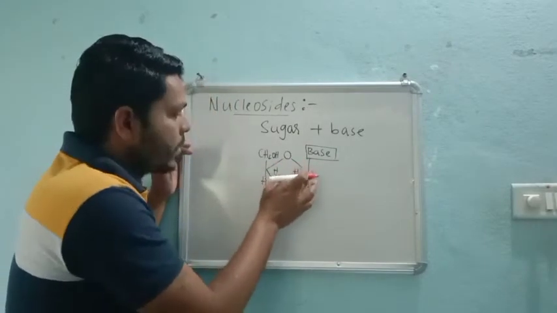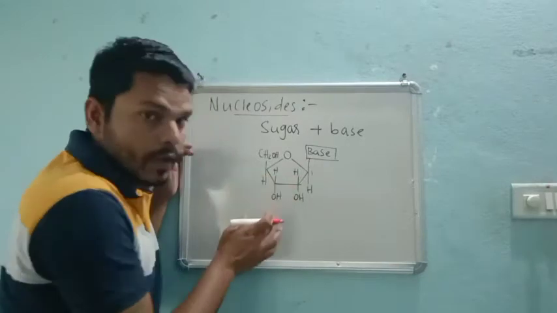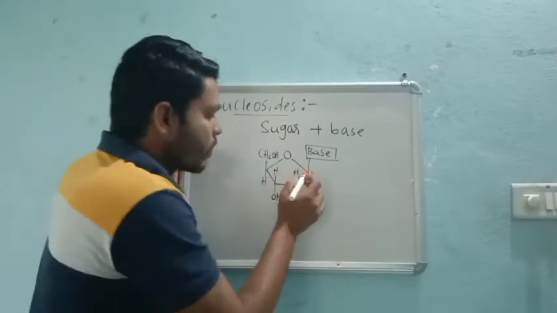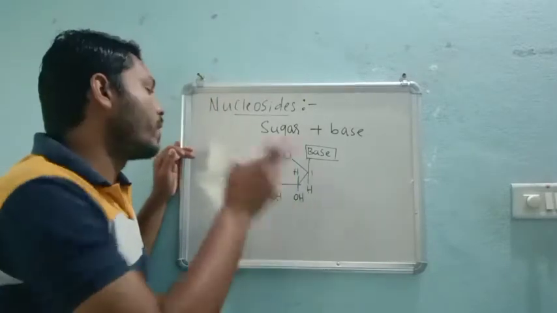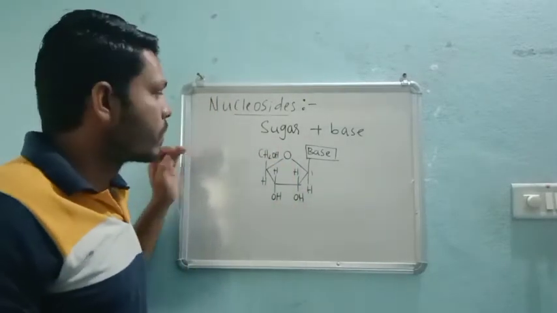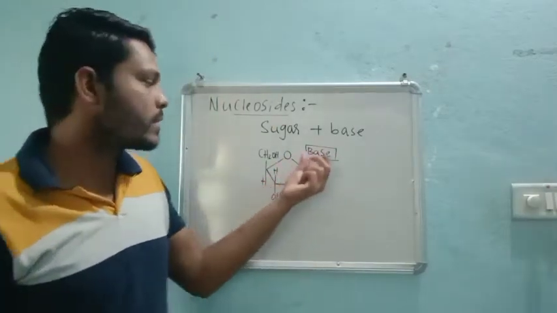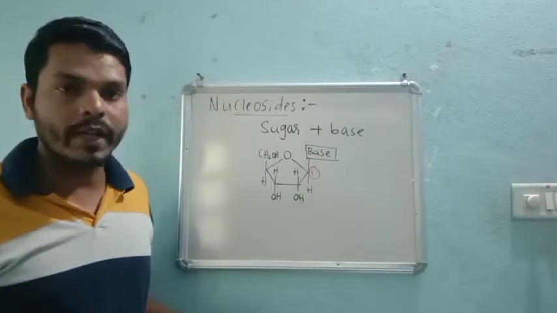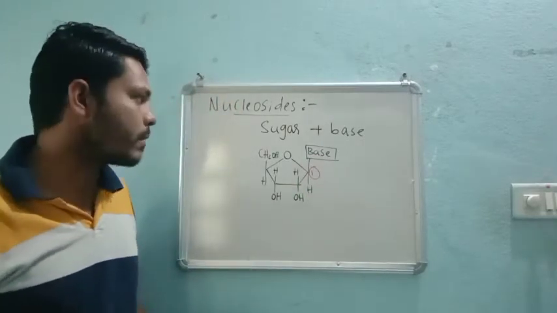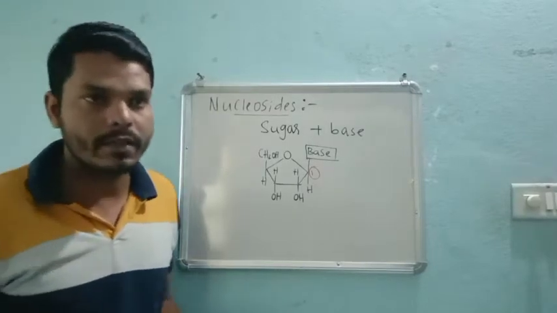Here in the chain there are 5 carbon atoms only, see here, 1, 2, 3, 4 and 5. That's why it is called a pentose sugar. And always in a pentose sugar the base is attached to the first carbon only. So if it is attached to the first carbon atom, then definitely this compound is a nucleoside.